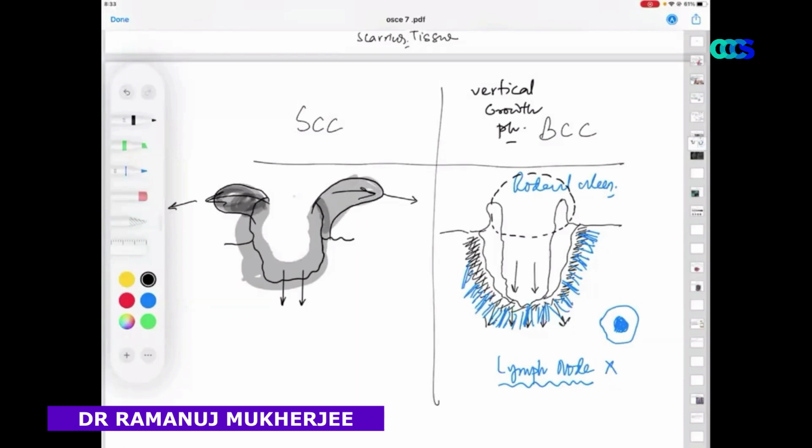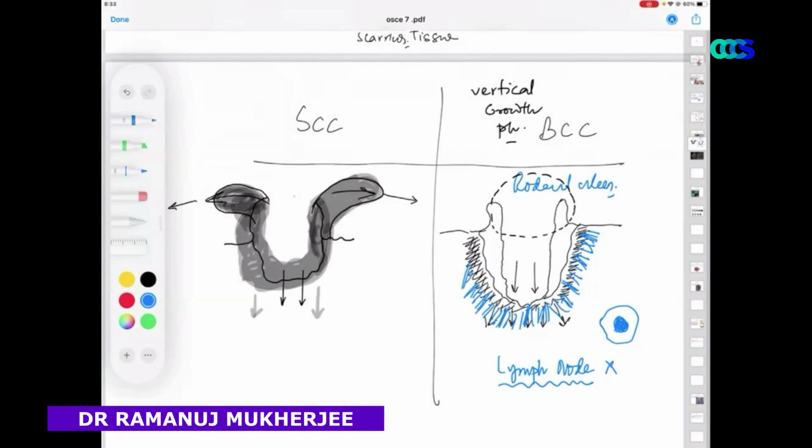Please remember, what is the edge in a squamous cell cancer? Everted. Very good. So I hope you have now understood why a squamous cell cancer has an everted edge. Please remember that.